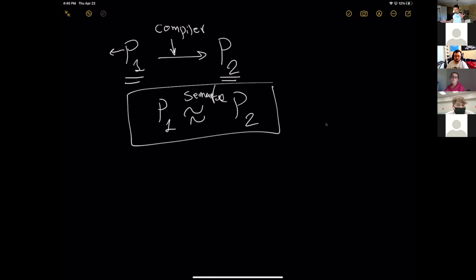These could be different instructions, but the produced value, meaning the semantic of this program, should be exactly the same. You don't want to change the semantic. And by inserting no-op, we already know that we would preserve the semantic of the program.